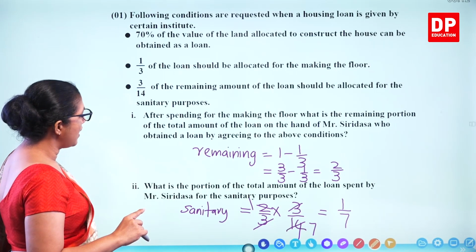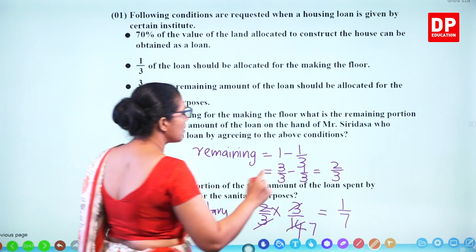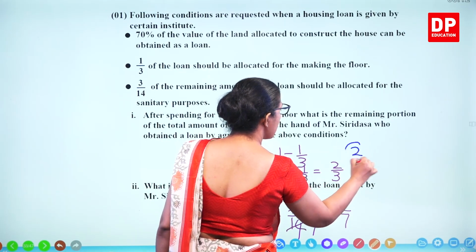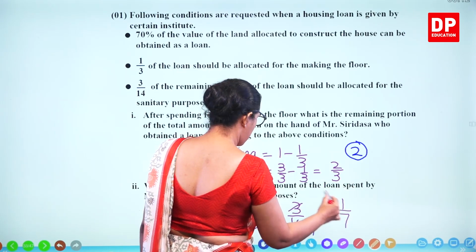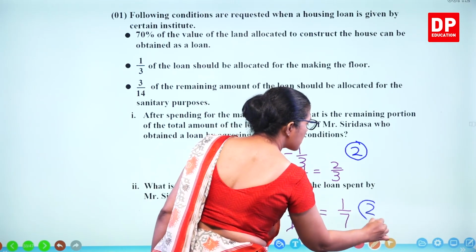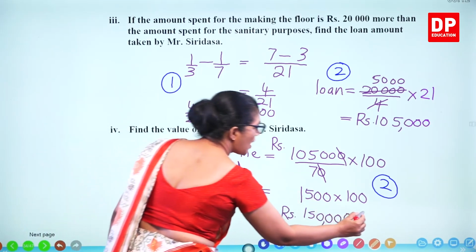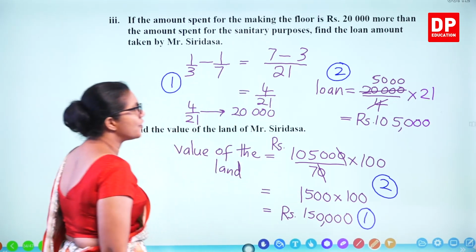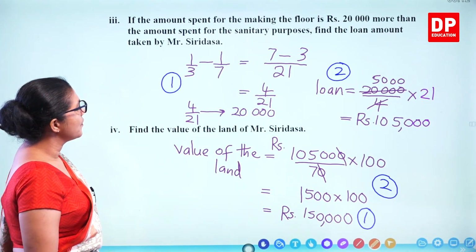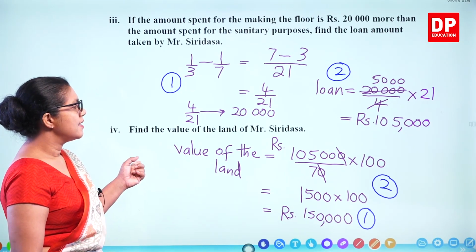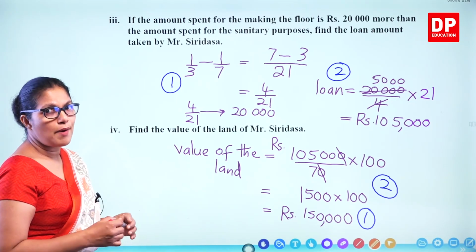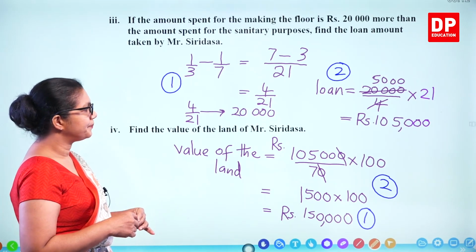And you can get 2 marks here, and this is 2 marks, and we can give 1 mark for this calculation as well. So 3 and 3, 6, and 4, 10 marks for that question.